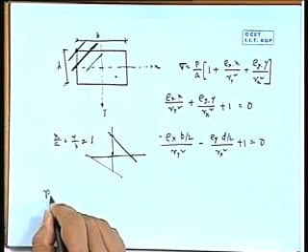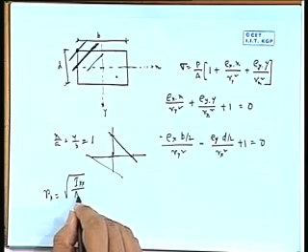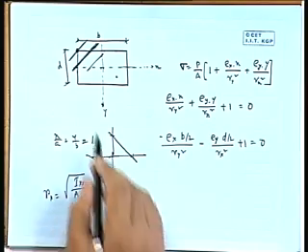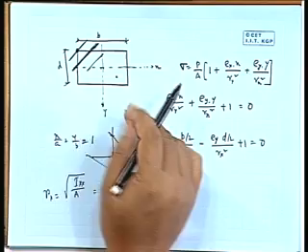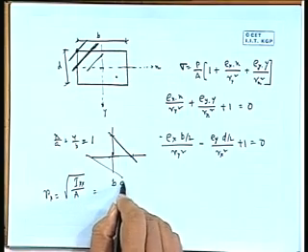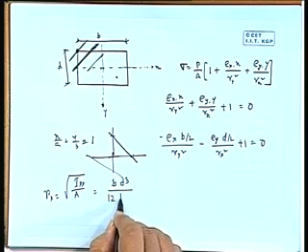So, Rx equal to root over Ixx by A. Now, what is Ixx? The second moment of area about xx, that is b d cubed divided by 12, and A is b into d.